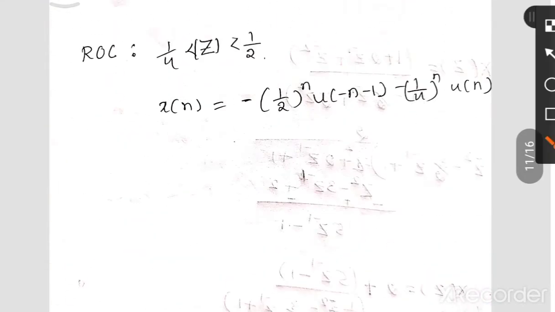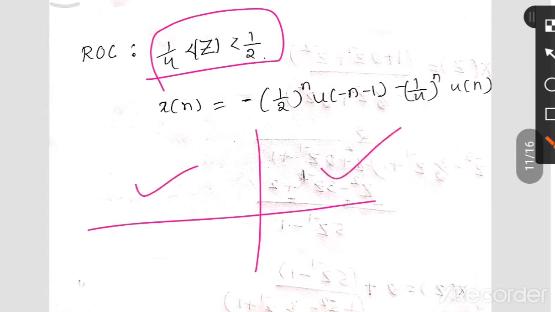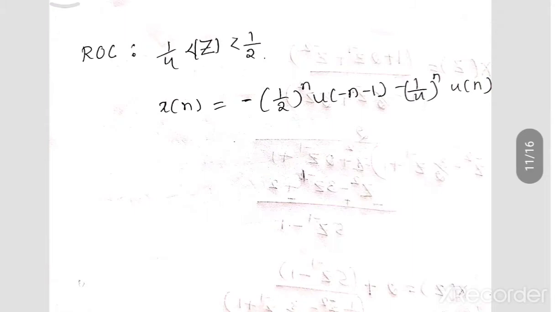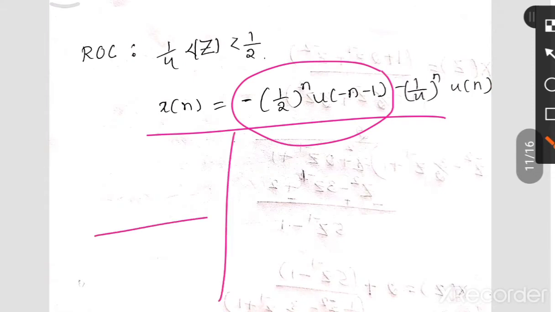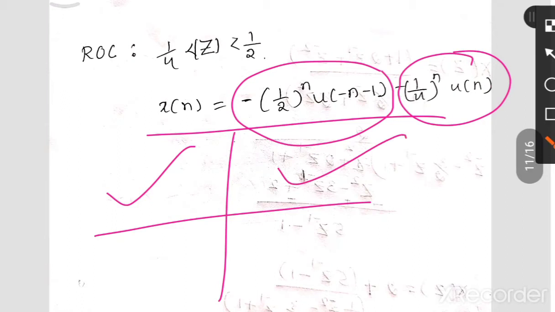Suppose the ROC is between these two, that is, x of z is between 1 by 4 and 1 by 2, then the signal should be both sided. The signal should be present from both sides. We take the first one as the negative side signal, and the other as the right hand side signal.